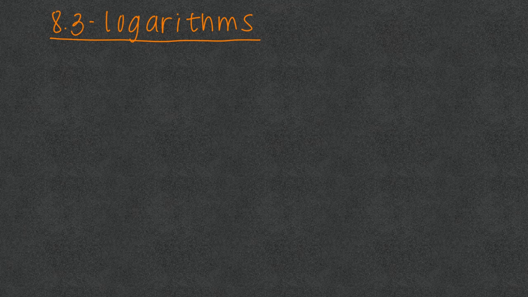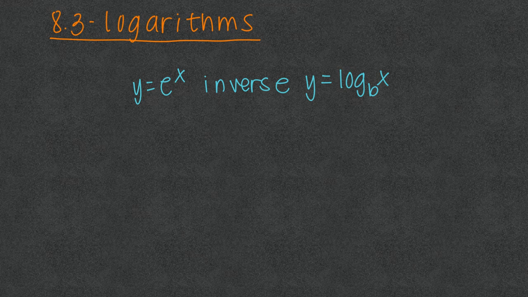Remember, our parent function for logs is y equals log base b of x, and they are inverses with exponential. So the exponential is inverse to logs, meaning they go back and forth. So I can go from exponent to log to exponent.